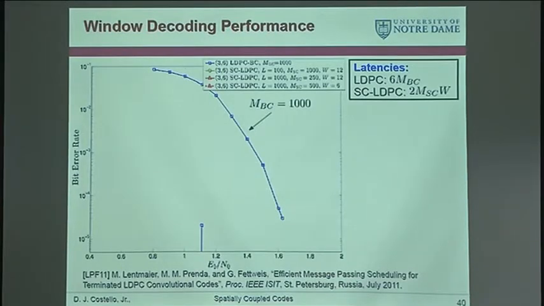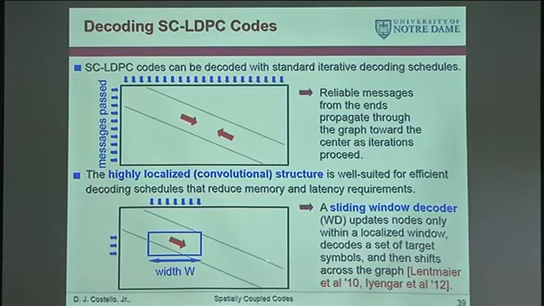Now what about performance here? Let's try to compare with a block code on the basis of equal latency. The other issue about the window decoder is the memory requirements: this is all the decoder at a particular time has to remember. Once a set of target symbols are decoded, it doesn't have to store those in memory anymore.